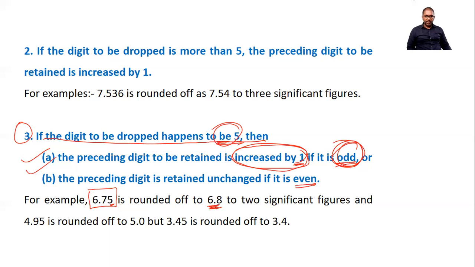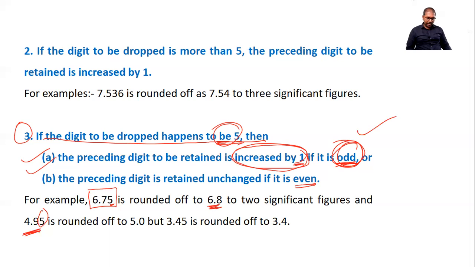Now another example, where the second case is applicable: the preceding digit is to be written unchanged if it is even. Now see here, this is the number. We have to drop this 5. Let's see the previous number. The preceding digit is 9, and 9 is odd, so it is increased by 1.